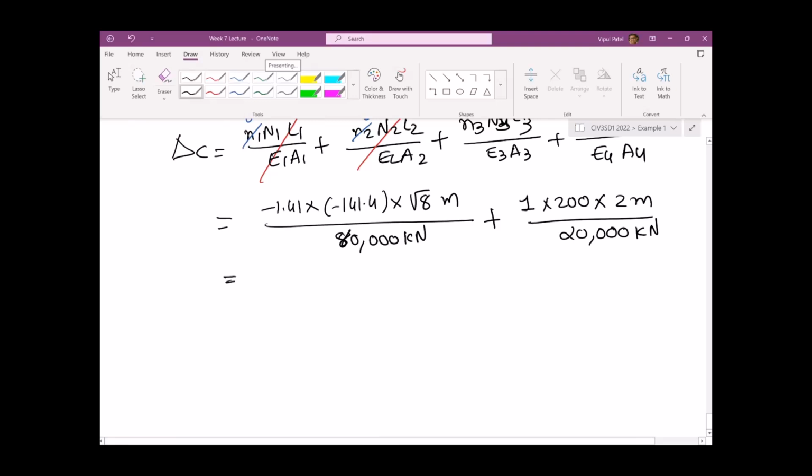So let's multiply that up. So that is 7.04 times 10 raised to 3 plus 0.02.